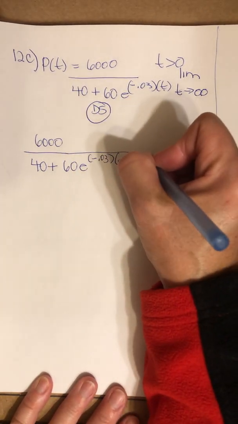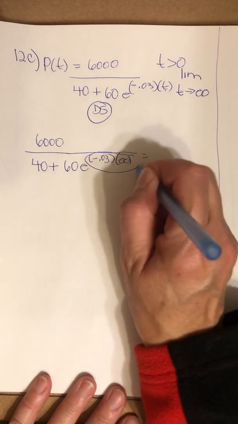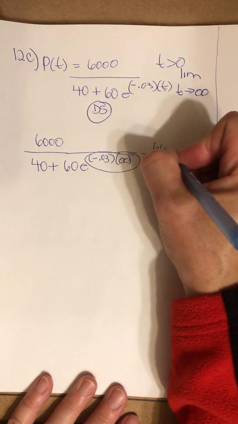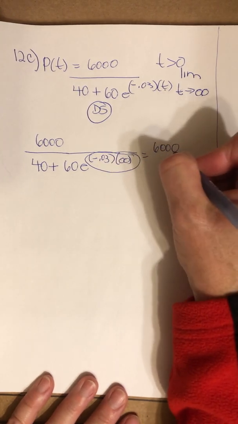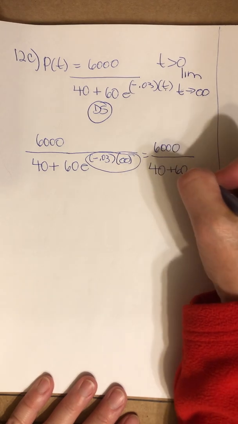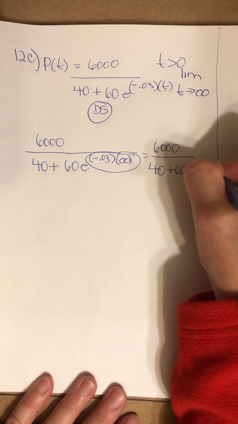Notice that -0.03 times infinity is a negative infinity. So all I'm doing is changing the e to the -infinity.